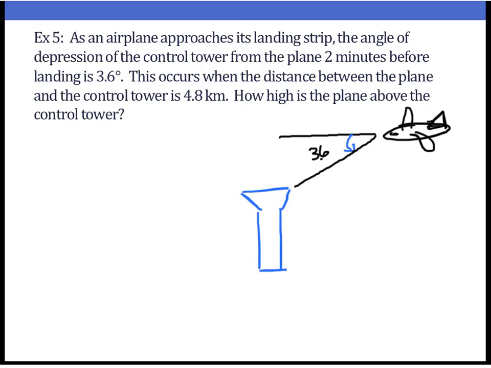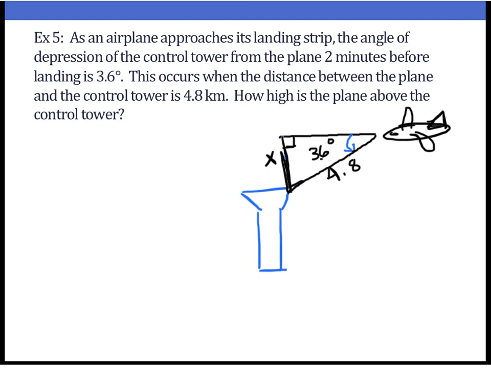Now this is a vertical height. So we're looking for this. And this is a right angle. So we also know that the distance between the plane and the control tower is 4.8. Now that's our hypotenuse. So the hypotenuse can either be adjacent or opposite. Now x is opposite.